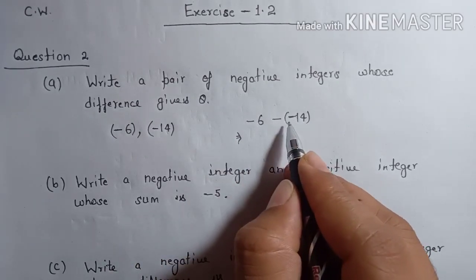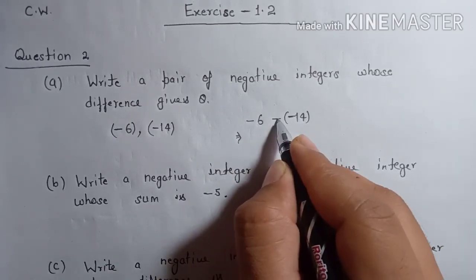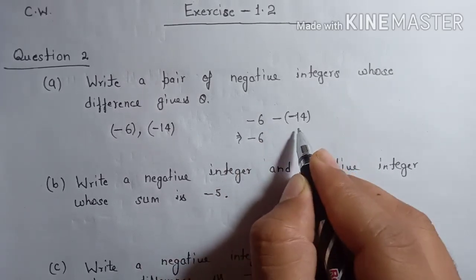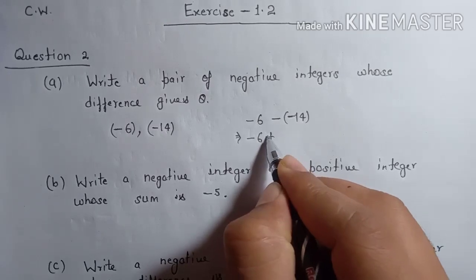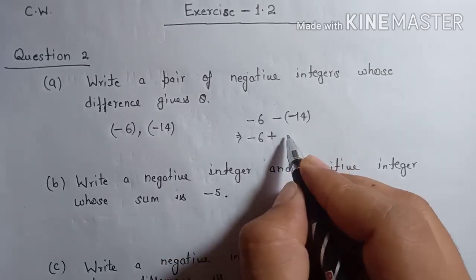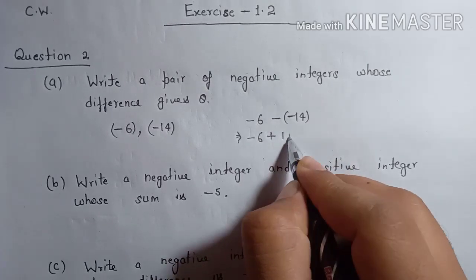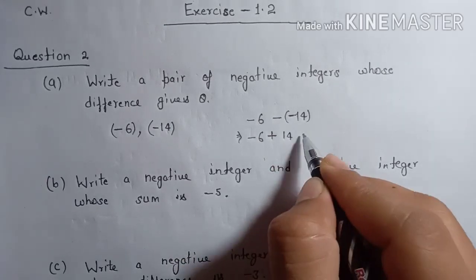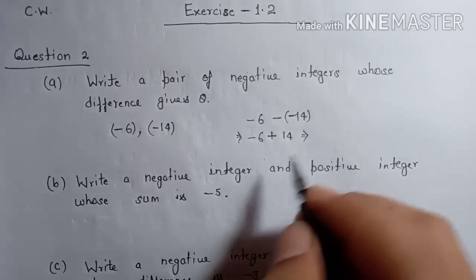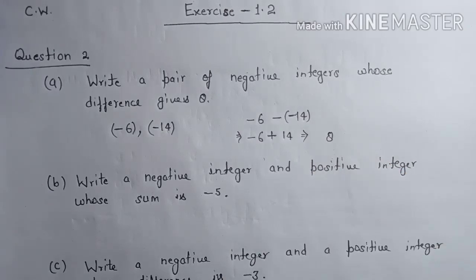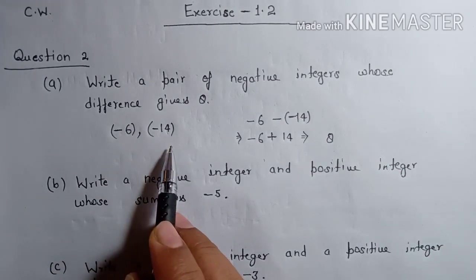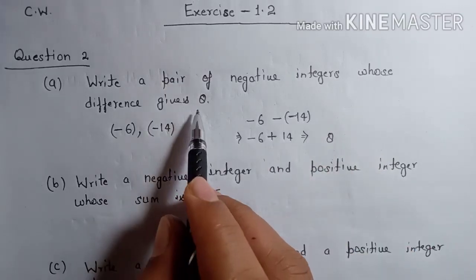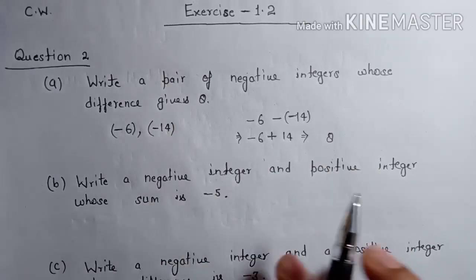To subtract, we have to change this sign and put this value as the additive inverse of minus 14, and that is plus 14, and this time our result is 8. So the pair could be minus 6 and minus 14, which gives the result 8 as their difference.